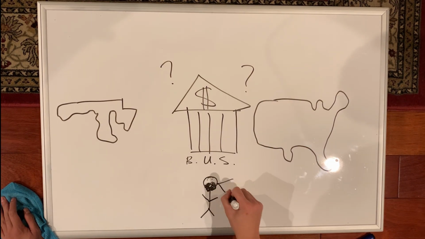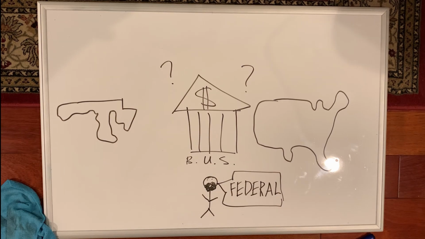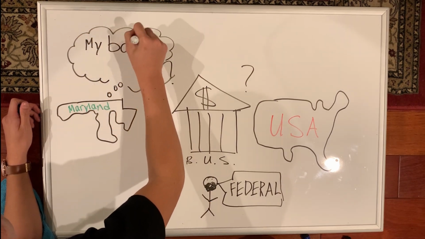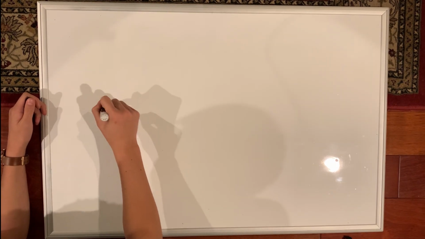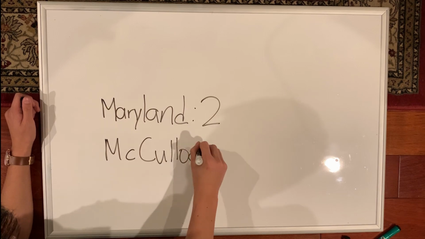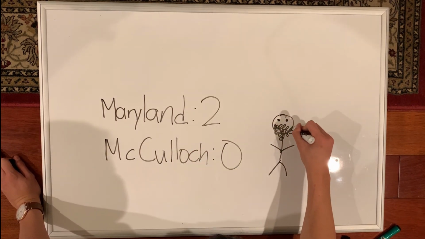Maryland argued that the bank was within their borders, so therefore under their legislature. Both the state court and court of appeals ruled in favor of Maryland.